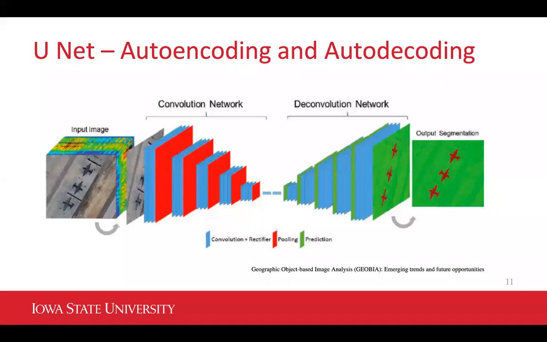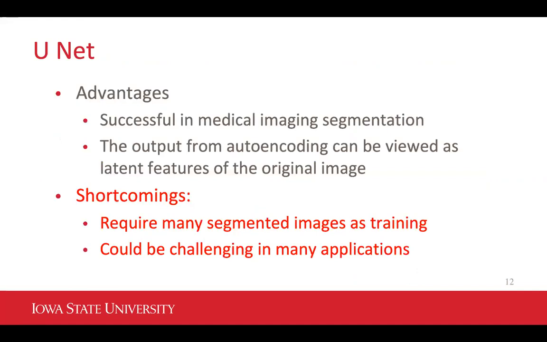So we need to have a large set of well-segmented images to apply this method. So think of our plant segmentation. We need to have many images with a segmented plant, so we know where's the plant, where's the background. We may need thousands of such images, and then we apply this UNet. So this could be challenging in many applications.